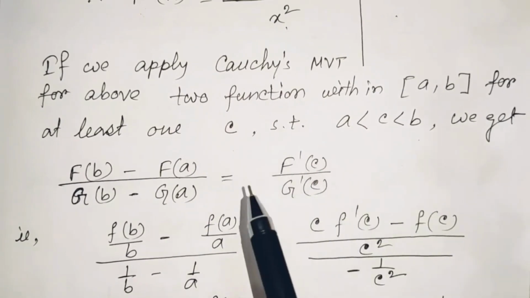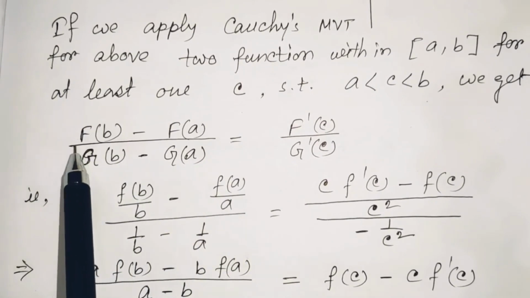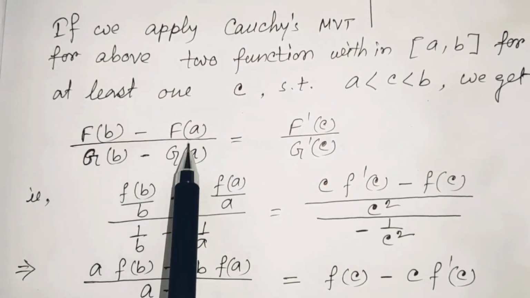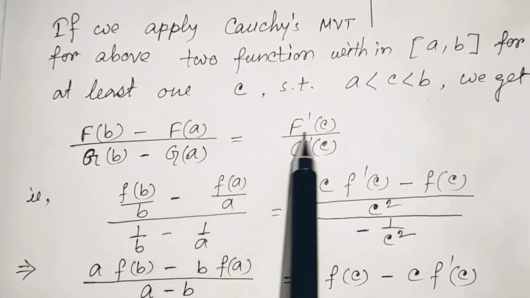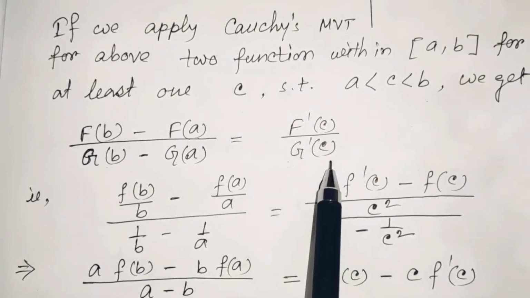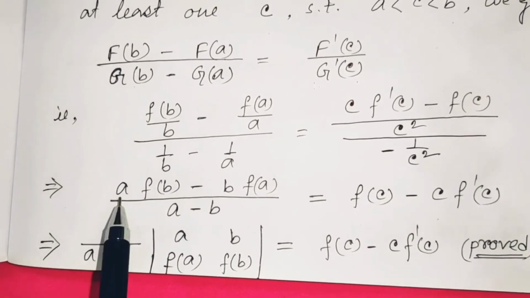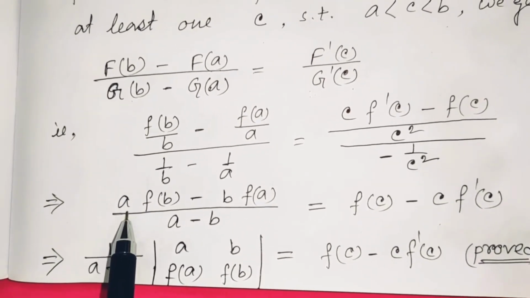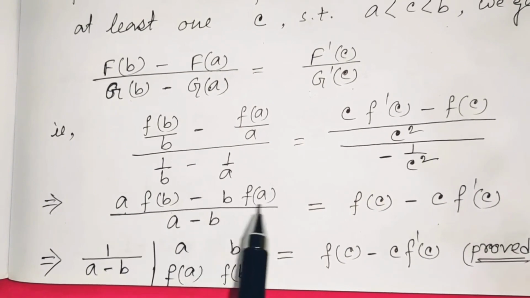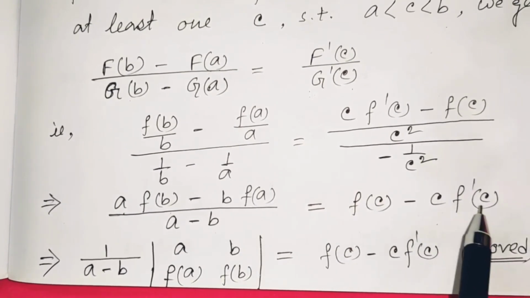Then in the Lagrange Cauchy mean value theorem, we will have f(b) minus f(a) upon g(b) minus g(a) equals f dash c by g dash c. If you substitute all those values and simplify, then we will find a f(b) minus b f(a) by a minus b is equal to f(c) minus c into f dash c.